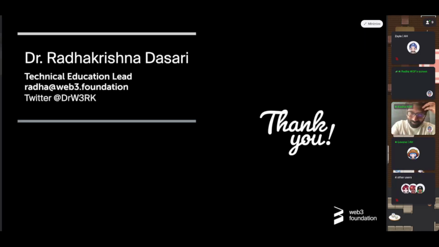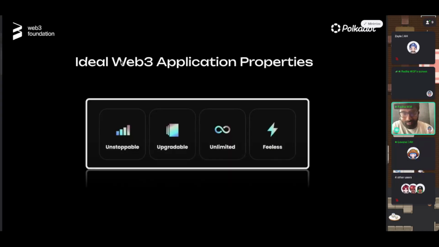Okay, I think we do have a question. There's a question on this slide, right? The first thing is, it has to be unstoppable. Unstoppability is the ability any blockchain network achieves through sufficient decentralization.